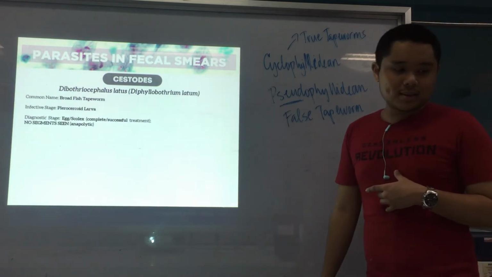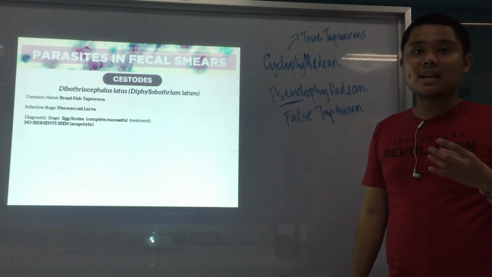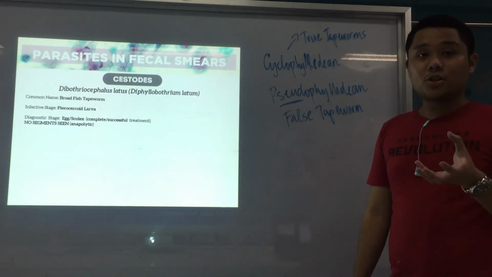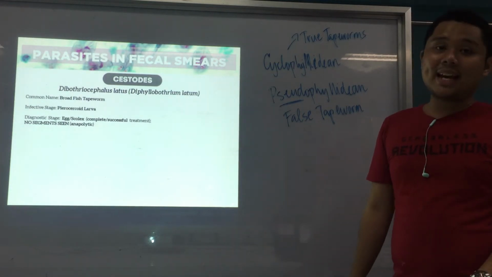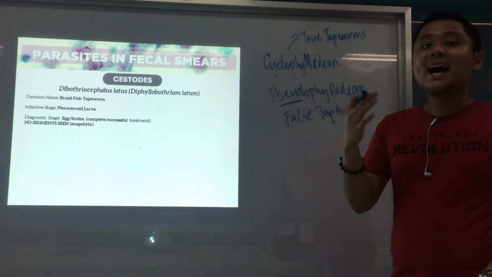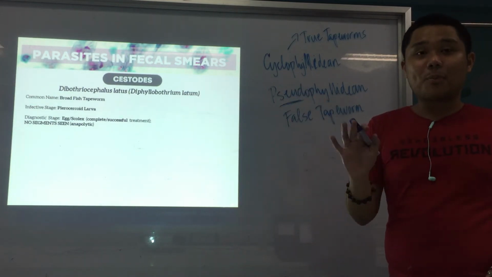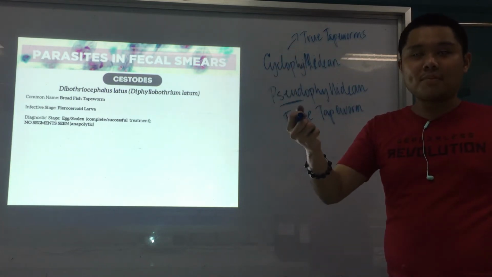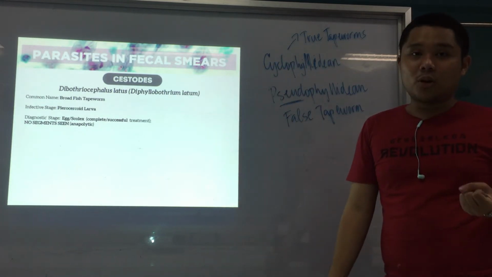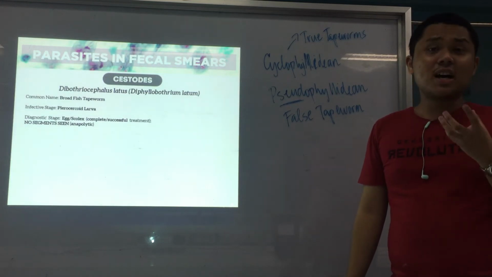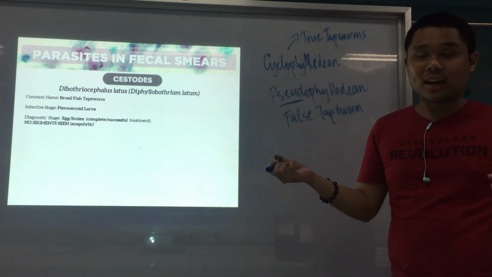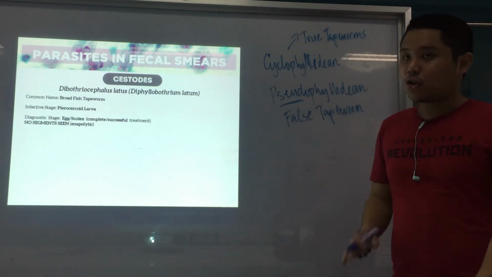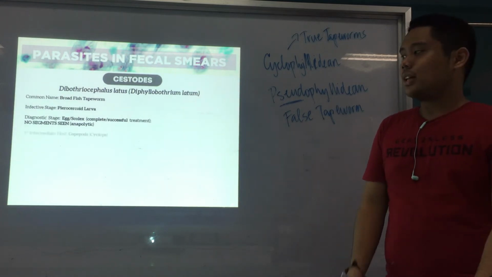Again, when there is the presence of scolex in the stool sample, it means successful treatment. But you cannot see any segments. Why? Because it's anapolytic. I've mentioned apolysis, the detachment of the segments of your tapeworm. But for Diphyllobothrium latum or D latus, the segments cannot detach.